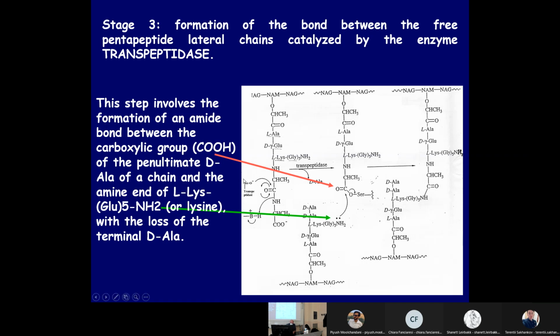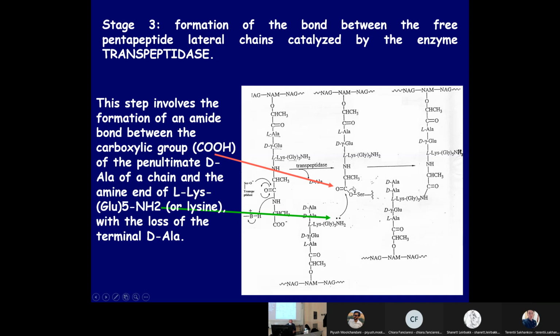Transpeptidase has a serine residue, a negative charge serine residue, a very strong nucleophile, able to attack this amide carbonyl, in order to give this intermediate.